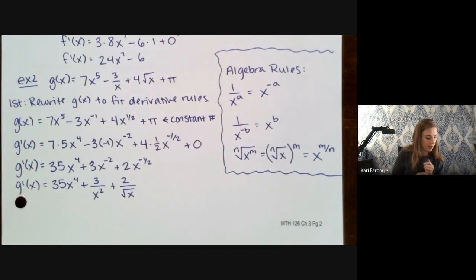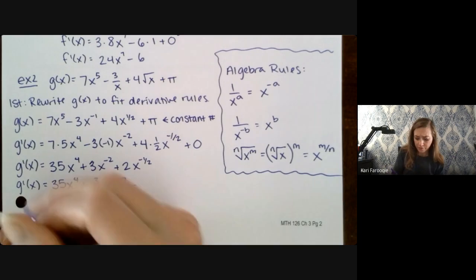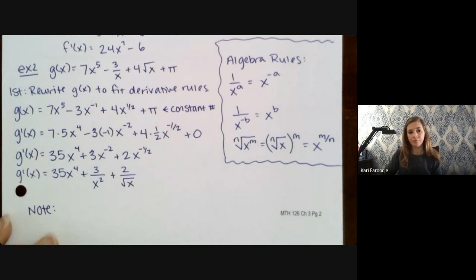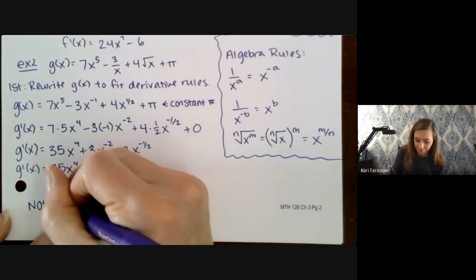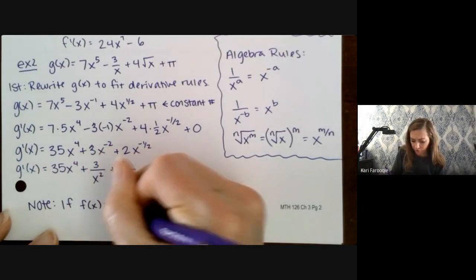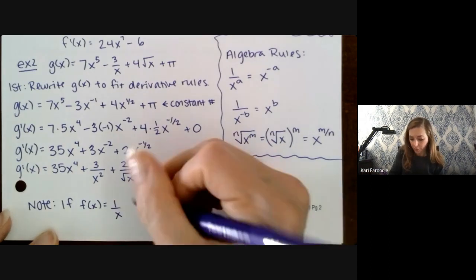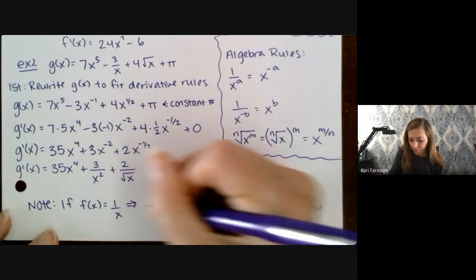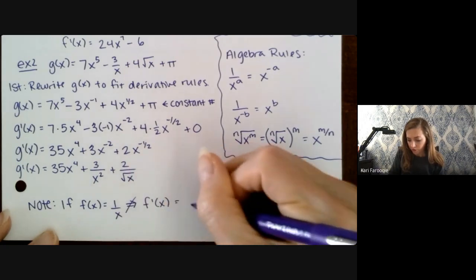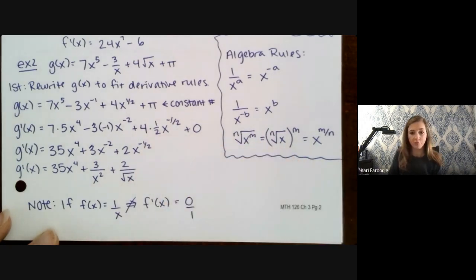Let's see. I mean, we already kind of talked about this. You cannot take the derivatives. Make sure, I'm going to say note, if f of x equals 1 over x, we cannot say that f prime of x is like 0 divided by 1.